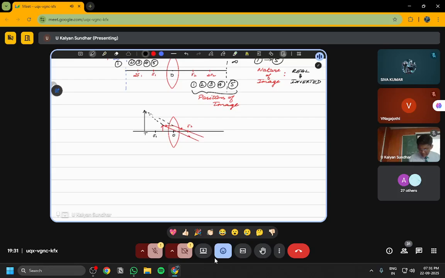So this is your image and this is your object, right? அப்ப இந்த இடத்துல what happens? This is the sixth position. So nature of image is virtual and direct, right?